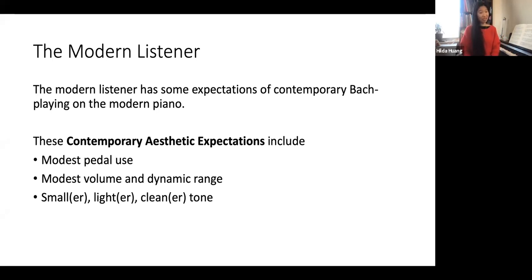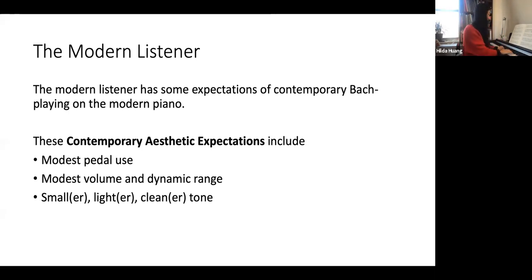So what I've learned from my teachers and audiences giving me feedback is that modern listeners tend to associate the playing of Bach today with modest pedal use, a smaller volume, generally not as loud as playing, for example, the Brahms concerto, and a smaller dynamic range. There are several reasons for this, which I could understand.